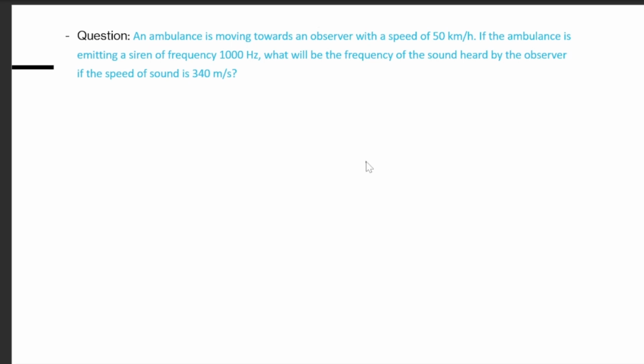Okay, so the things which are given to us: an ambulance is moving towards an observer with a speed of 50 km per hour.